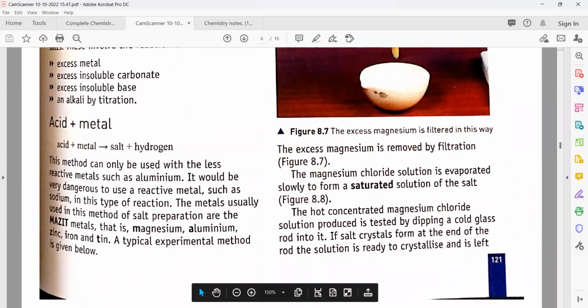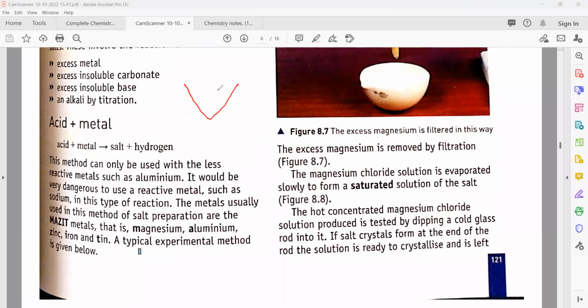Okay, no problem. Just a minute, I will tell you. Look, this is a paper, filter paper. You pour the mixture, for example sand and water, and you want to get the water out. So in the conical flask, the liquid will come down, and all the sand particles stay in the filter paper.